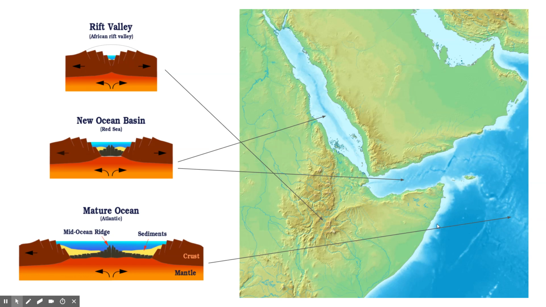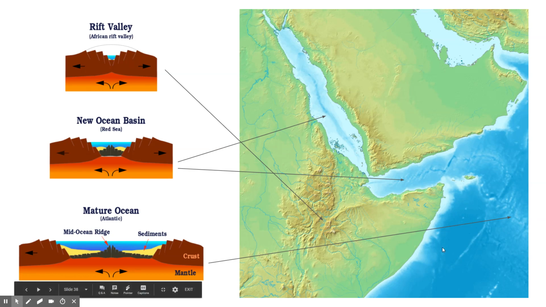So if we look at the different stages in the development of a rift valley, where you're ripping a continent apart, this part of the rift valley, before you even really have ocean flowing into it, maybe just a river, is right down through here, and it continues on through East Africa. Eventually, they'll spread open enough to potentially produce a new ocean basin, like the Red Sea and the Gulf of Aden.